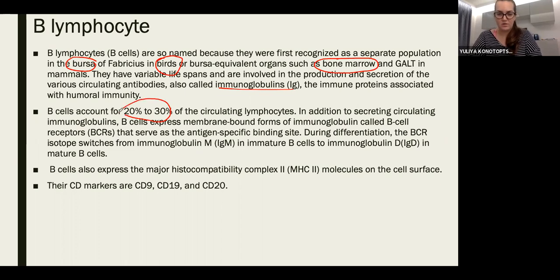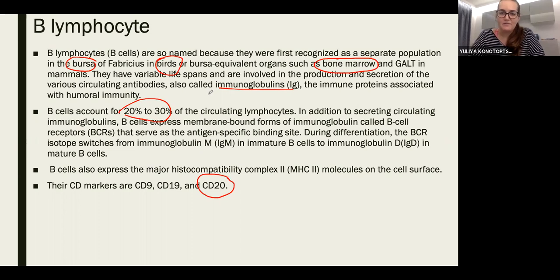So if the majority of the lymphocytes are T lymphocytes, 20 to 30% are B lymphocytes. Which CD markers do they have? CD9, 19, and 20. For the self-control test, CD20. So they will say CD20 positive cell. CD20 positive cell is a B lymphocyte. Okay, so it will be B lymphocyte.